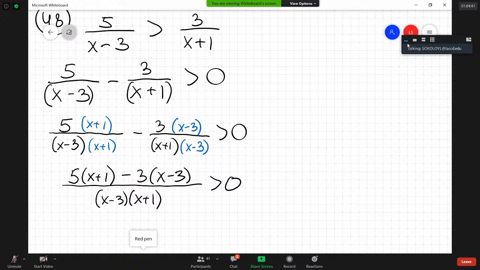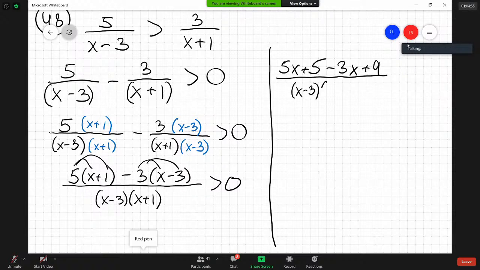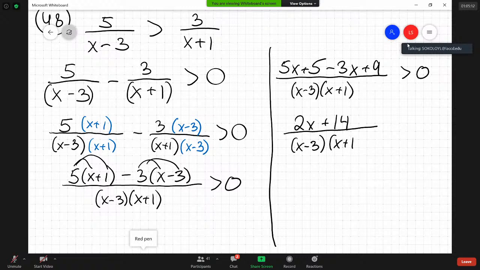You would then distribute the 5. That would give us 5x plus 5. Distribute the negative 3: minus 3x plus 9, all over the LCD, greater than 0. Combine like terms. That's 2x plus 14: 5x minus 3x, and 5 plus 9, over x minus 3 times x plus 1, greater than 0.